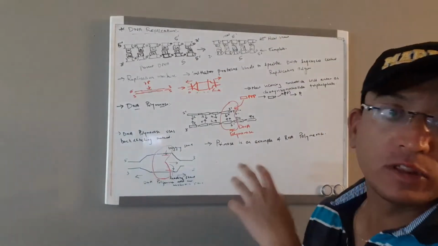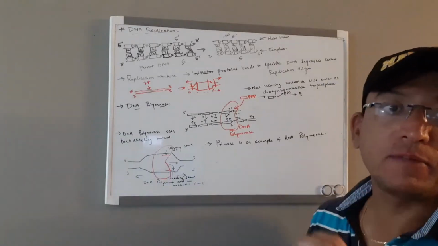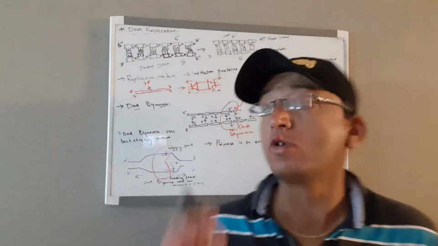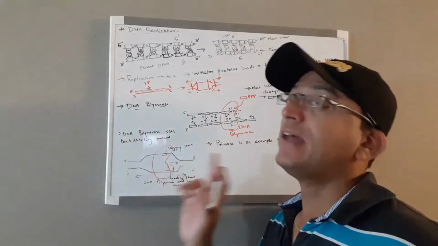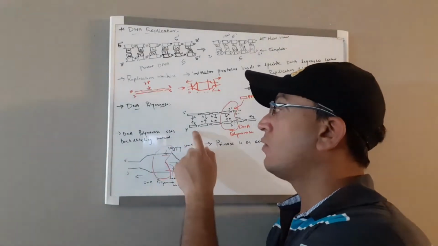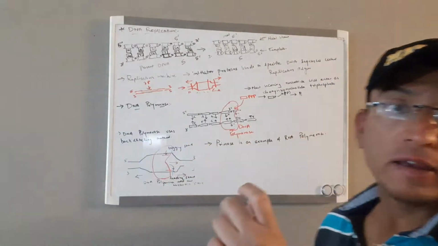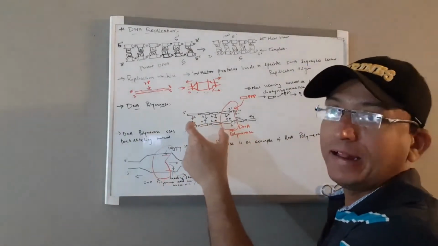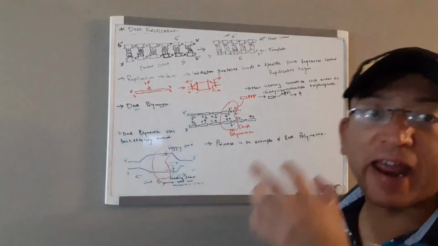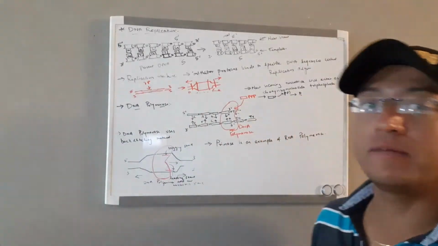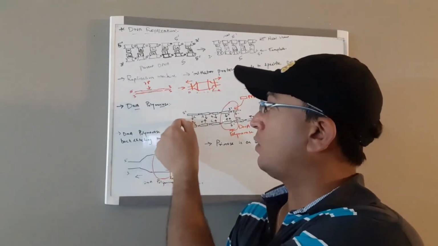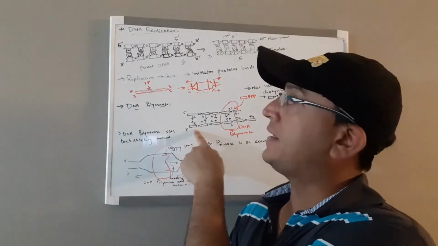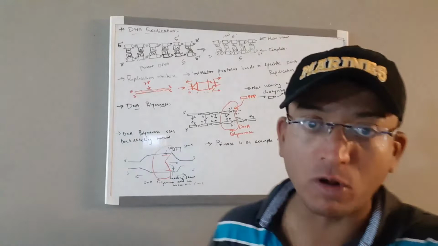But this RNA makes a short length of a closely related type of nucleic acid. It makes a short length, maybe a maximum of 10 nucleotides long, that is base paired to the template strand. So that 10 nucleotide stretch will be base paired to the template that is being used for the replication process.